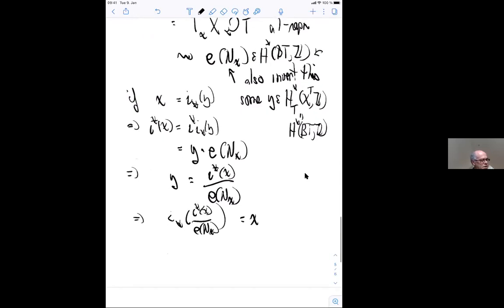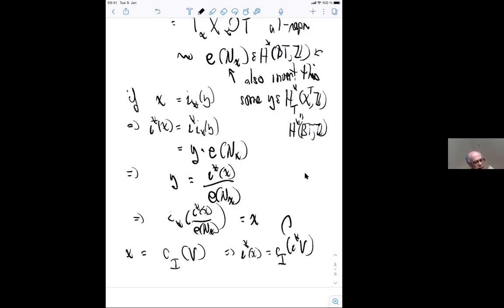Now it's even nicer, because if the x you wanted to compute was some Chern class of some equivariant bundle, then i^* of x, the pullback, will be the Chern class of the equivariant bundle.